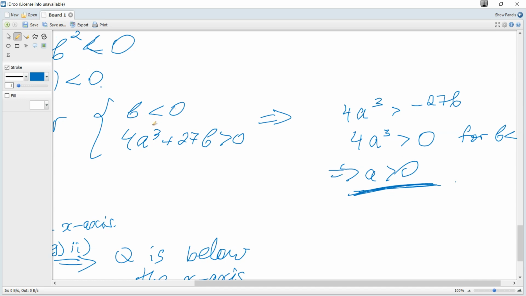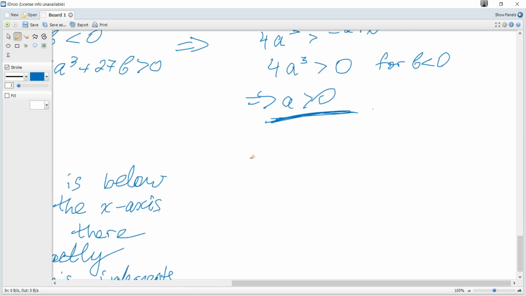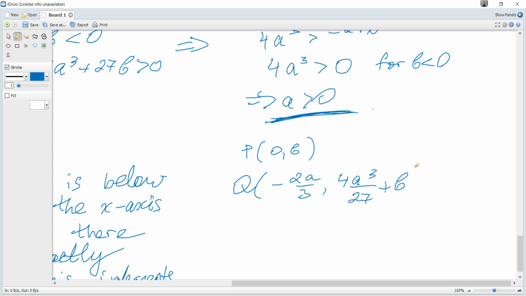So b is negative, a is positive. And let's consider our points. So P is (0, b), Q is (negative 2a over 3, 4a cubed over 27 plus b).